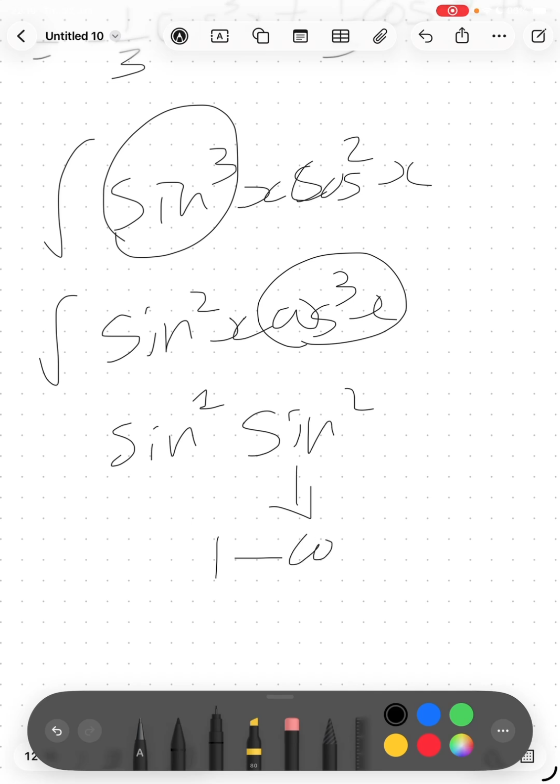So sine squared, we represented it as cos squared, and in this case we decompose that cos cubed into cos squared, and then that cos squared we represented as 1 minus sine squared. So yeah, and then it worked out as you saw.